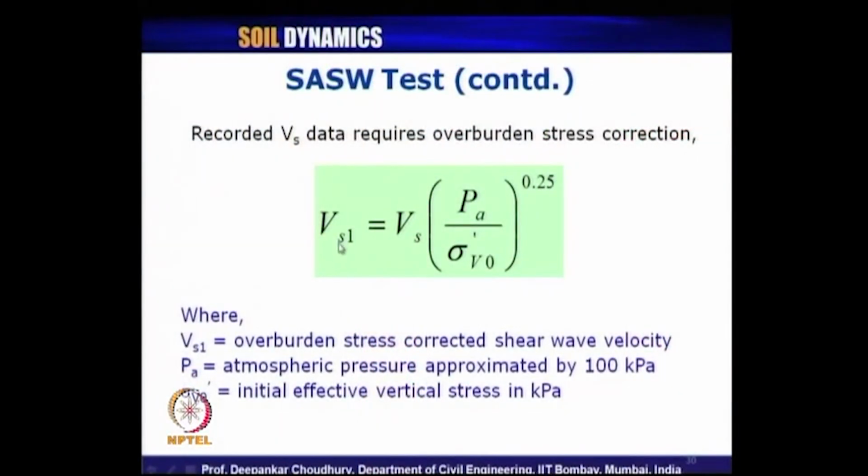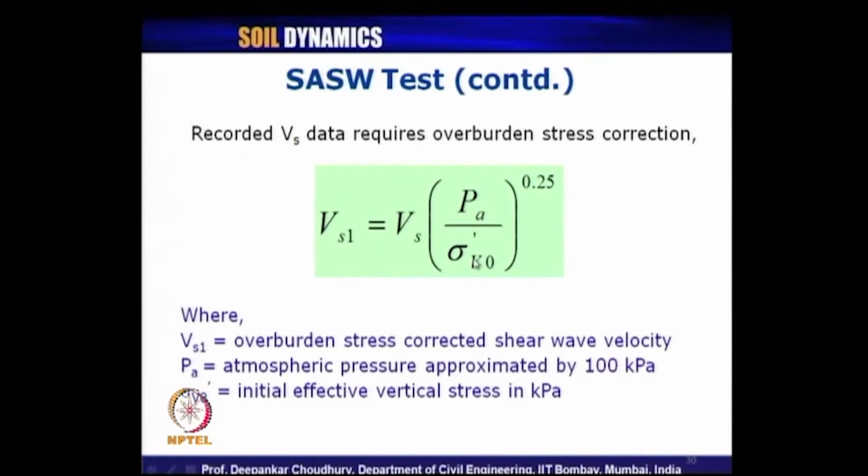And this is the formula used for applying the overburden stress correction factor. This Vs is the field recorded, raw data value which we have recorded from the SASW test. Pa is 1 atmospheric pressure or 100 kPa.